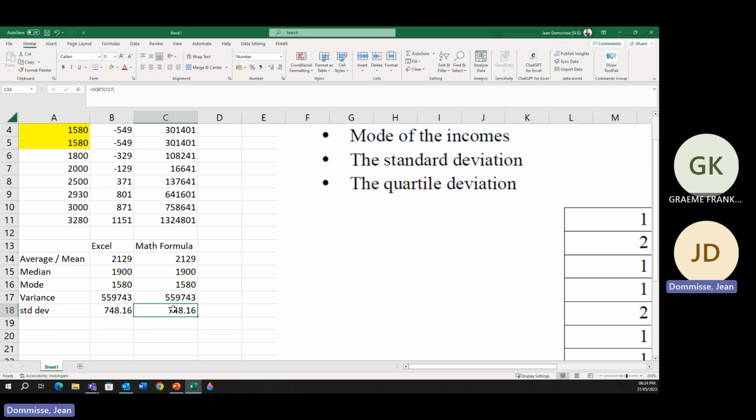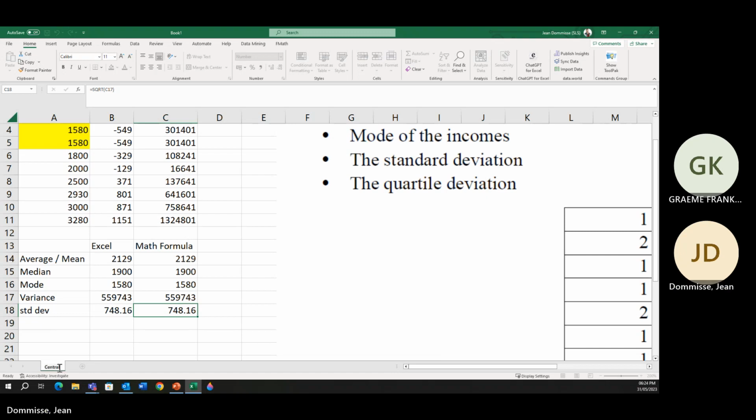So again, depending on what you need to use it for, you can use this spreadsheet.